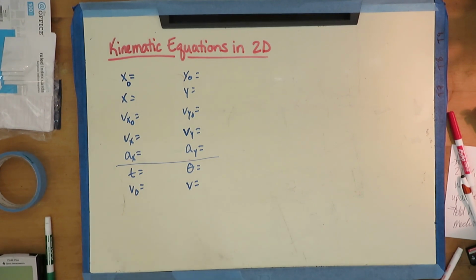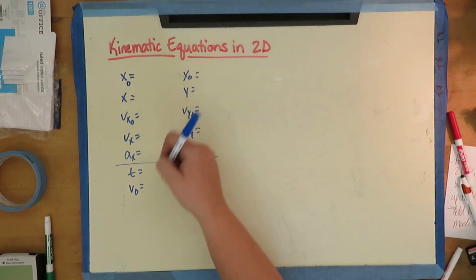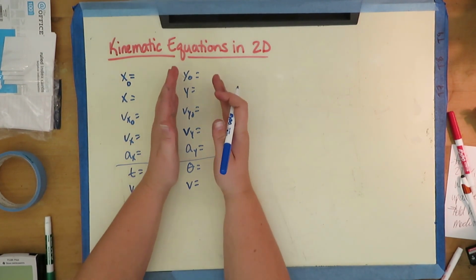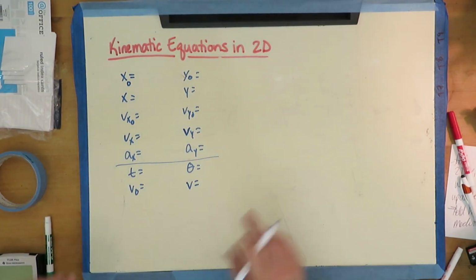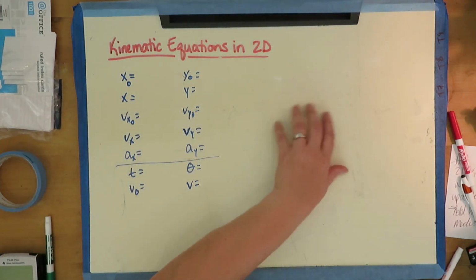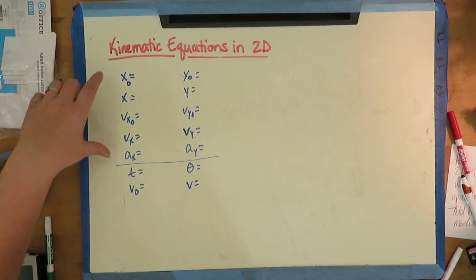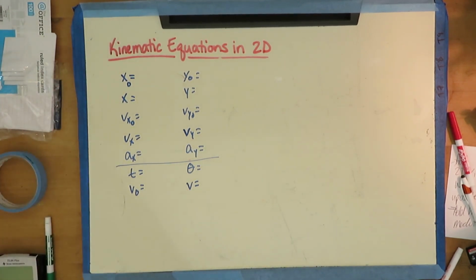When you're working with the equations themselves, you're going to be solving systems of equations. So when I create a list of what I know, sometimes I might have more information in the y dimension, and I'll start with a y equation and find information like time or theta from the y equation, and then substitute into the x equations.